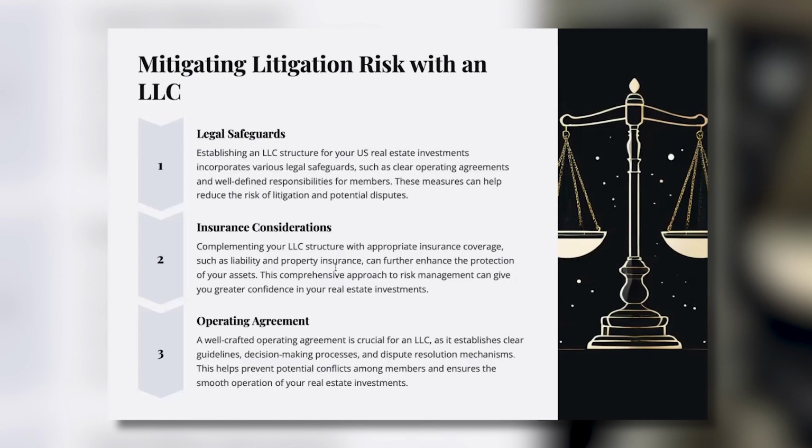And lastly, on this risk mitigation slide, we'll discuss the operating agreement. For those of you not familiar, an operating agreement, in layman's terms, is effectively the contract between you and your own business. It basically spells out the guidelines, how to make decisions, when you make certain decisions, how to deal with disputes.